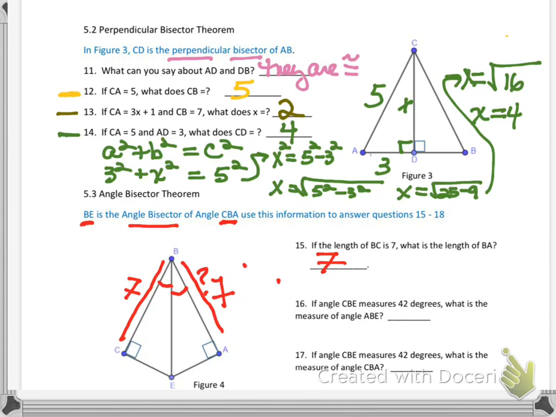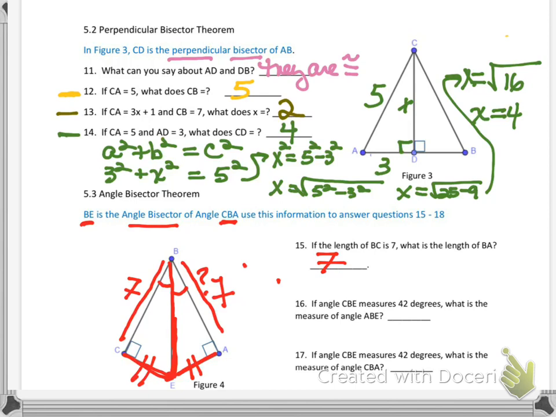So to understand why that works, I want to think about what's happening here. This little piece down here is key. When you have a point on the angle bisector, this is the angle bisector right here, if you take this point right here at E and you draw a perpendicular line here and here, then this equals this. And I already know that I have a right angle, so I'm starting to get things equal.